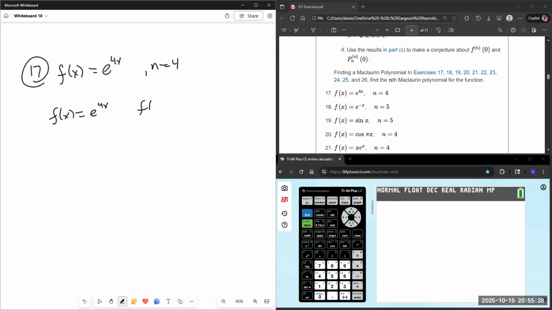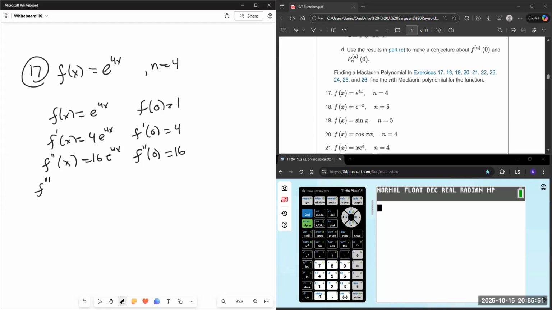F of 0 is 1. F prime of x is 4 e to the 4x, and f prime of 0 is 4. F double prime of x is 16 e to the 4x. F double prime of 0 is 16. F triple prime of x is equal to 64 e to the 4x.